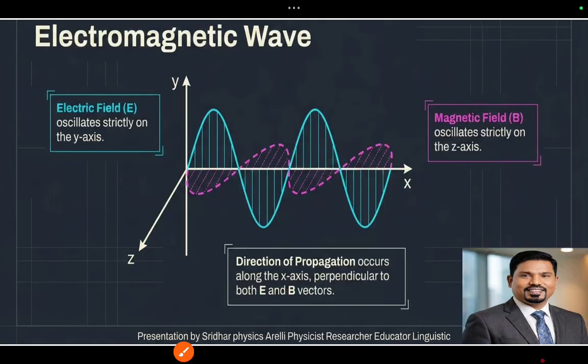Okay, next. Electromagnetic wave. This is the three-dimensional figure for an electromagnetic wave. Along the y-axis we have the electric field, on the x-axis we have the direction of propagation, and on the z-axis we have the magnetic field.